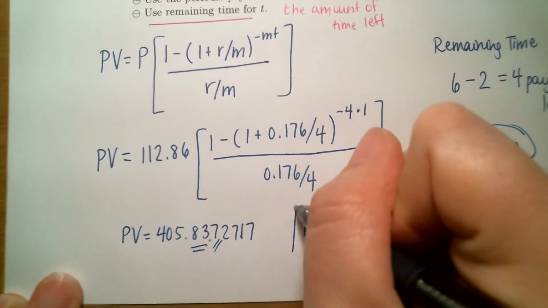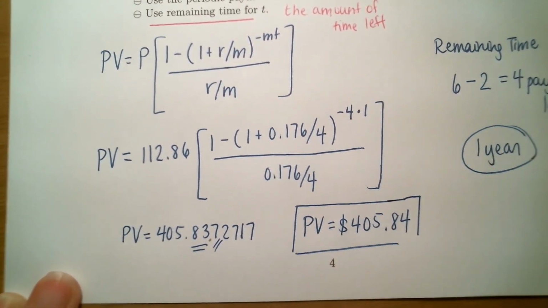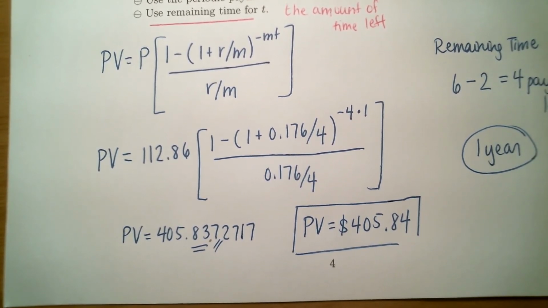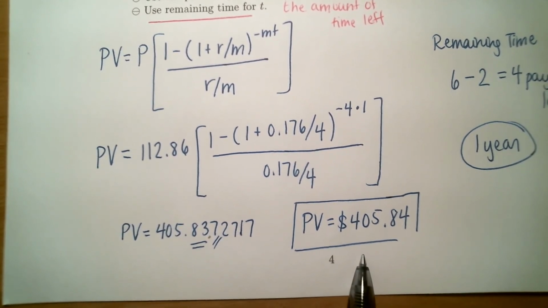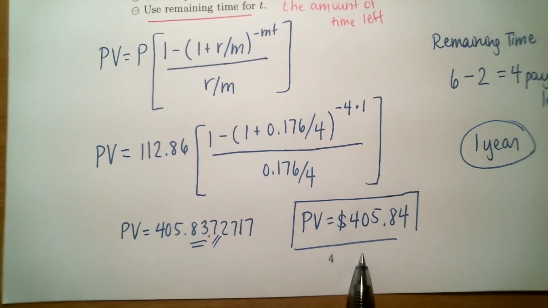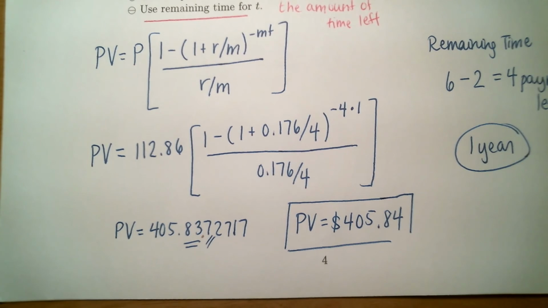So the formula tells us the same thing that the amortization schedule did, that after making 2 payments on the washing machine, if we get that raise at work and want to completely pay off the washing machine, this is how much you're going to have to pay to settle your debt: $405.84.